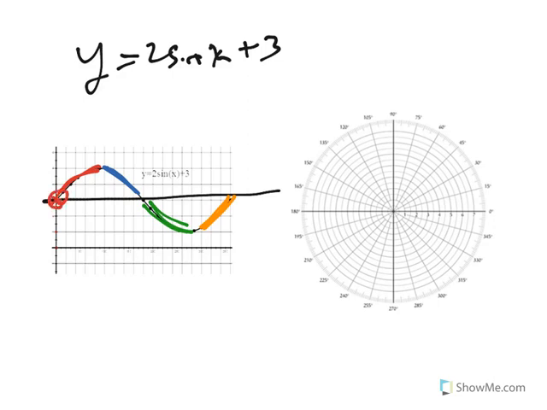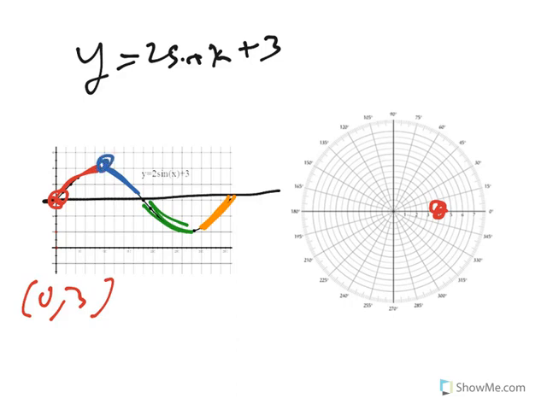Well, this initial point is no longer 0, 0, but it is 0, 3, which over here corresponds to the point 3, 0, which is over here. So that's not the center anymore.